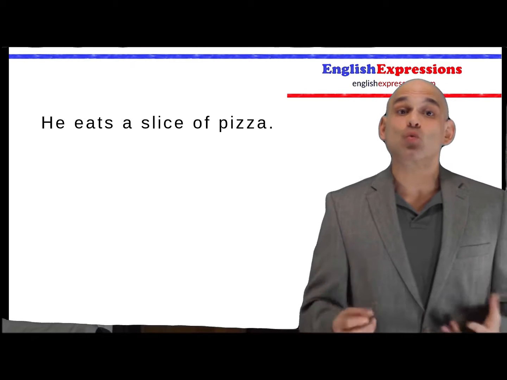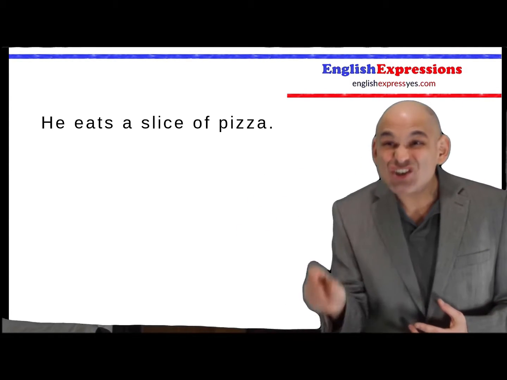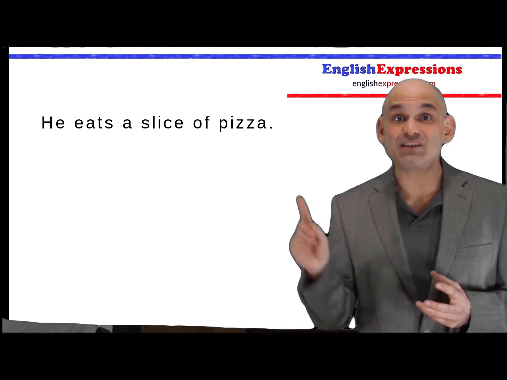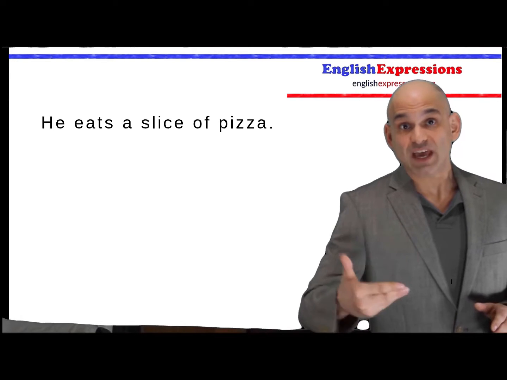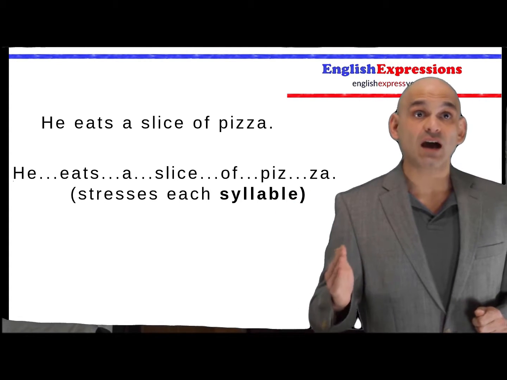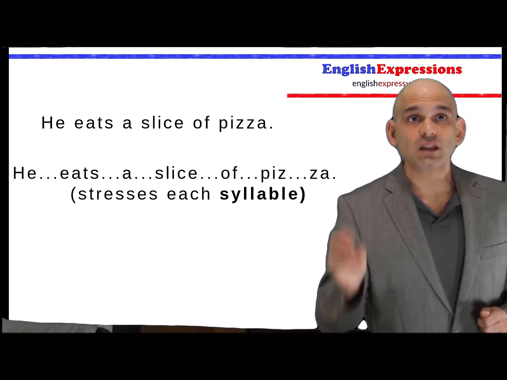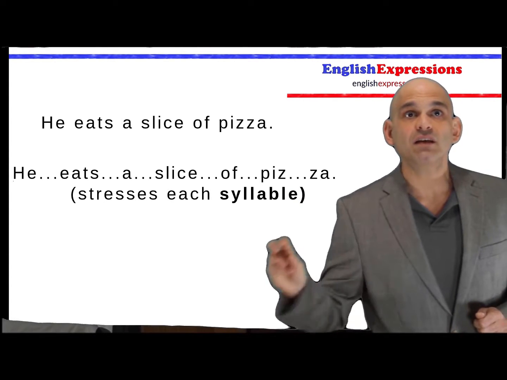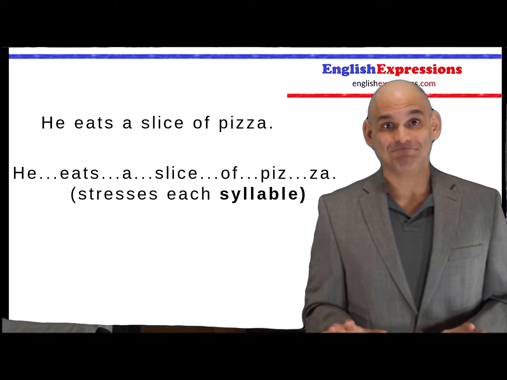Now, if English were a syllabic language, we would give each syllable of this sentence an equal amount of time. For example, we would say, he eats a slice of pizza. Each syllable is said equally. As you know, we do not speak like that.